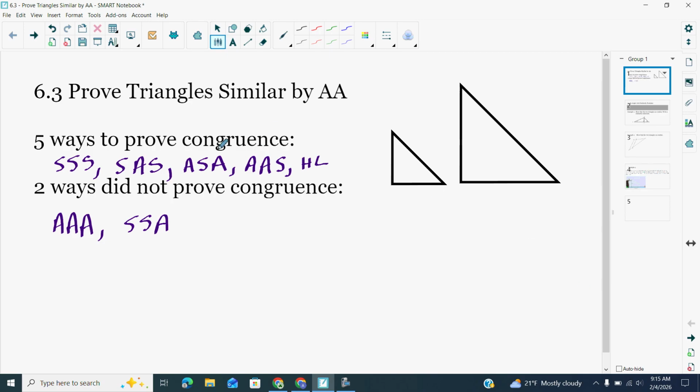Today, instead of looking at congruence, we're going to be looking at similarity. So notice in this case, when we had angle, angle, angle, if we have corresponding angles that are congruent, then those are similar. They're the same shape, even if they are not the same size.